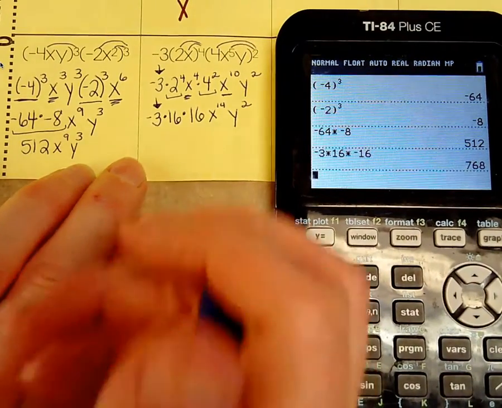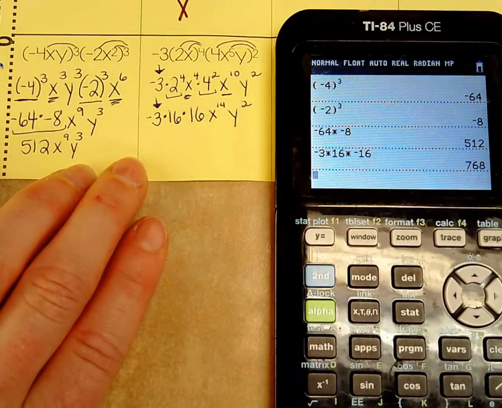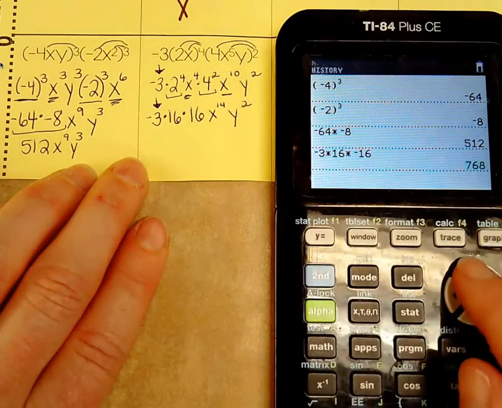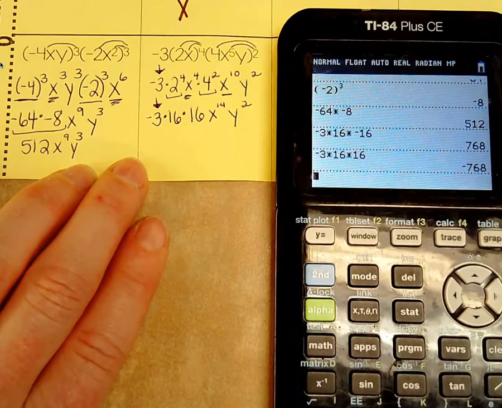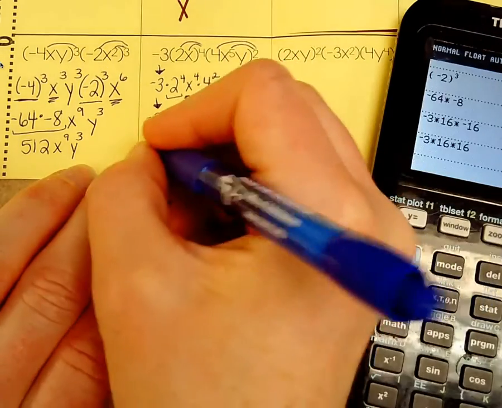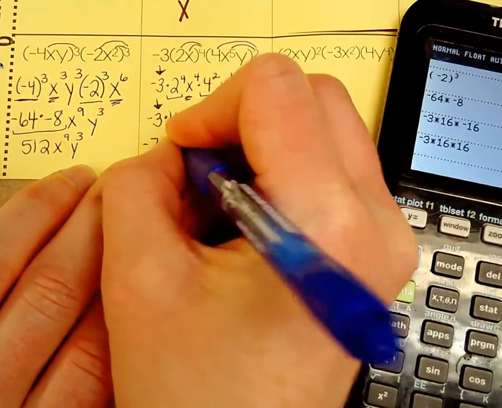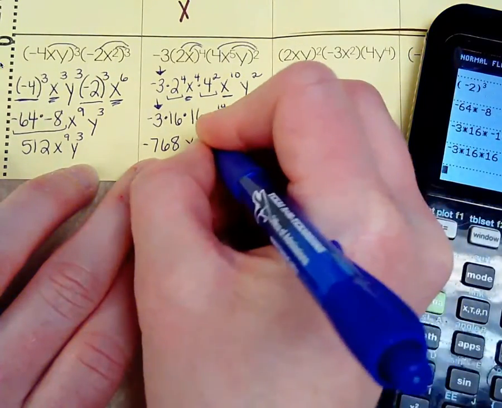Big old number. Oh, I put a negative for some reason. I shouldn't have done that. I should have been positive. There we go. -768. And then my variable exponents stay the same.